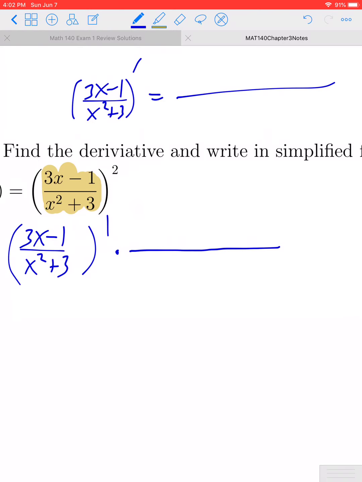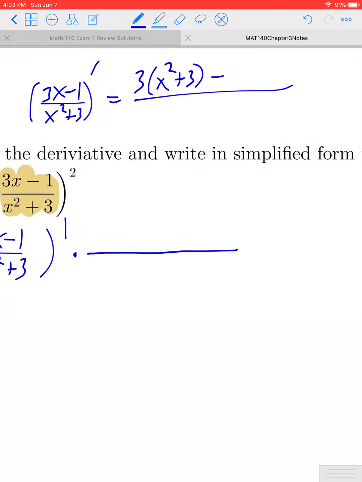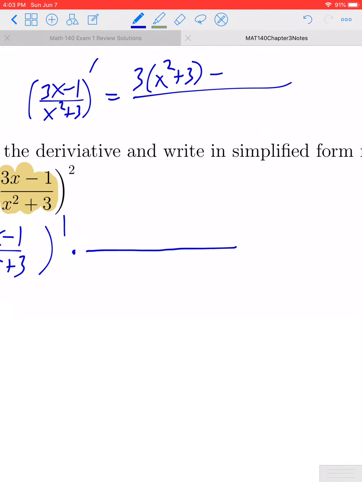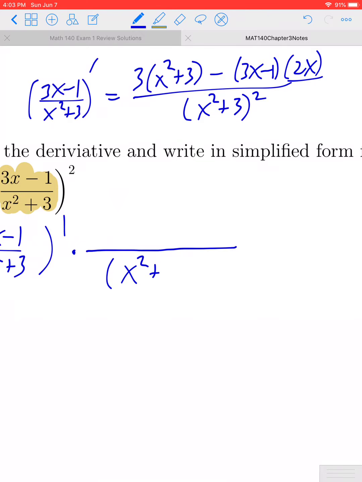Quotient rule says do the derivative of the numerator times the denominator, minus, don't forget there's a minus sign, the numerator times the derivative of the denominator. That's 2x. And that's going to be all over the denominator squared. So what we get here is x squared plus 3, squared.